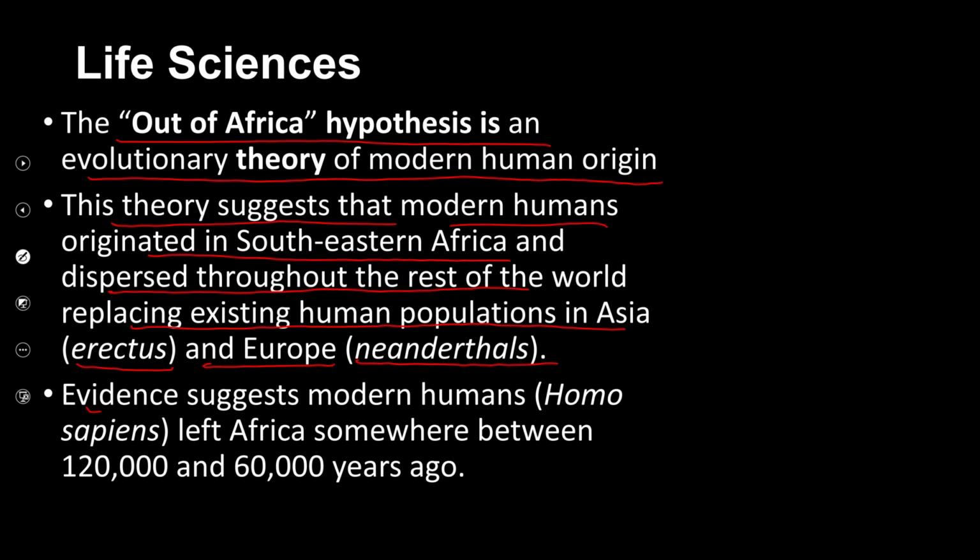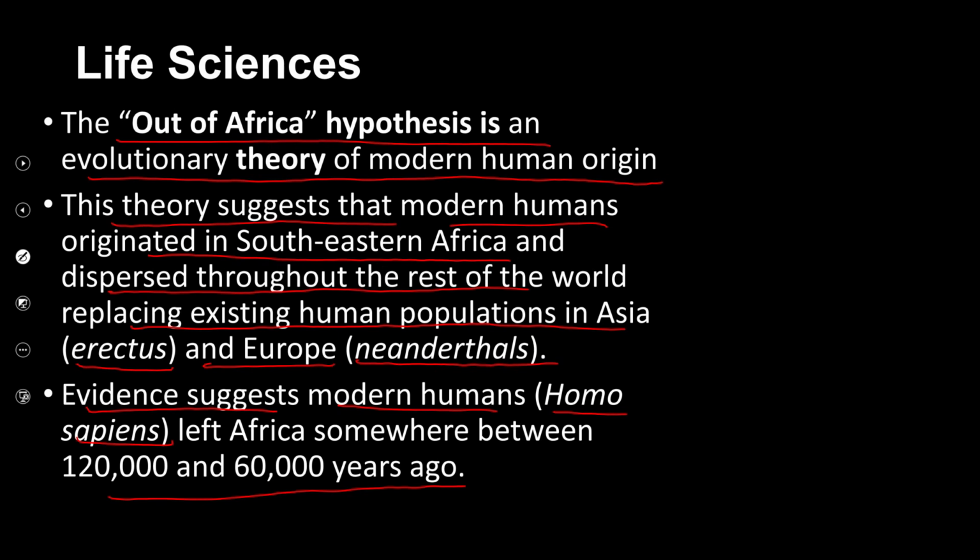And then the evidence suggests that modern humans, which are Homo sapiens, left Africa somewhere between 120,000 and 60,000 years ago. Okay, so that is the hypothesis or the idea.